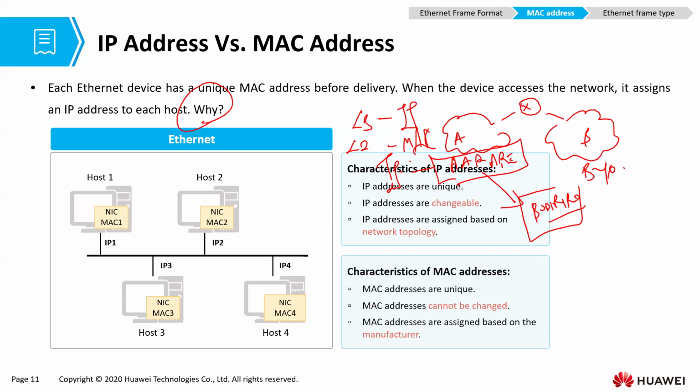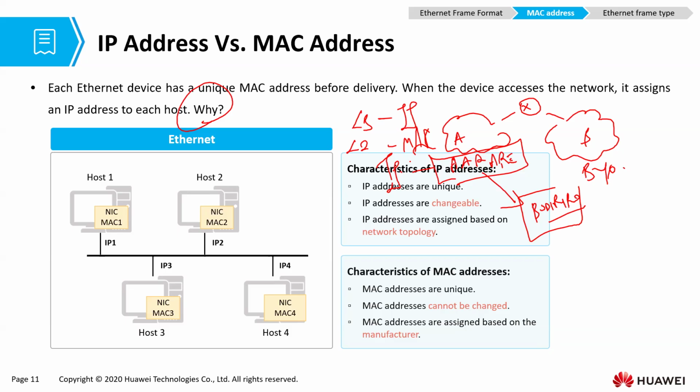Why are both of them used? There are scenarios where you can have different IPs; you cannot have different MAC addresses.